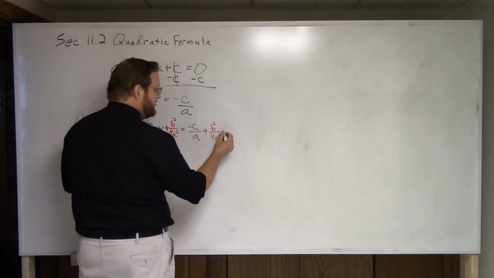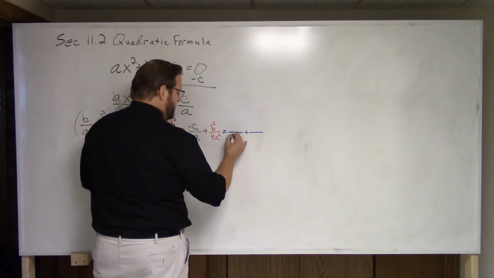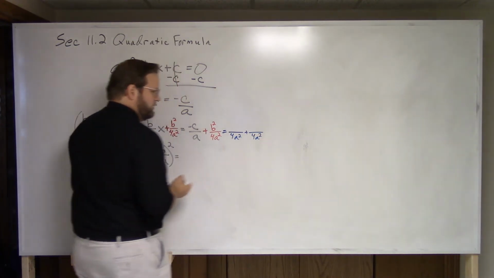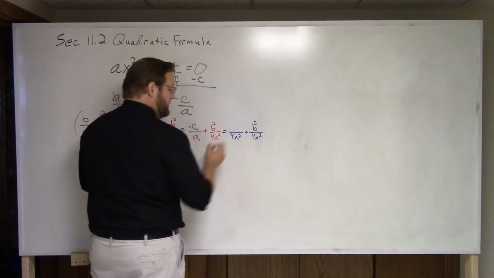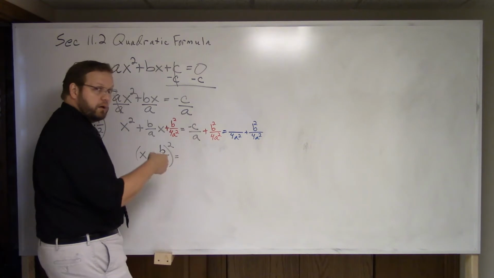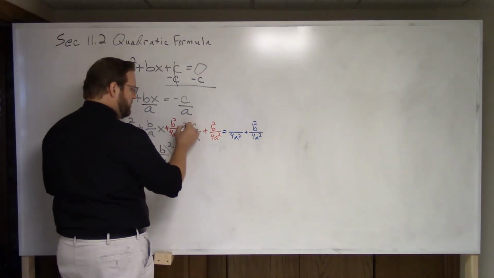First of all, we need a common denominator. That common denominator is going to be a 4a squared. That second fraction already has it, so I'm going to bring the b squared over. Now this is missing a 4 and then the other a. So I'm going to multiply top and bottom by 4a.